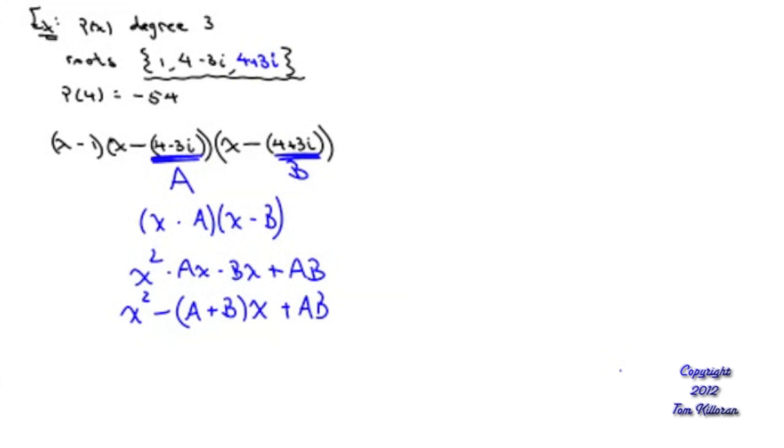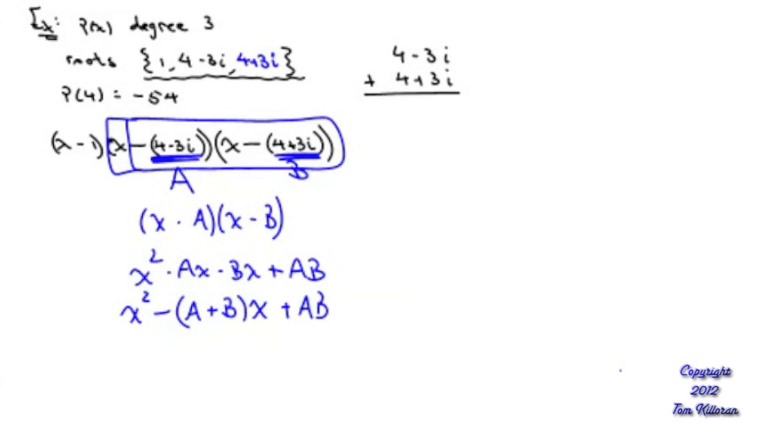So to figure out this product, all we have to do is add A and B, multiply A and B. If I add them, 4 minus 3i plus 4 plus 3i, what's that equal? The negative 3i and the positive 3i cancel, but 4 plus 4 is 8.